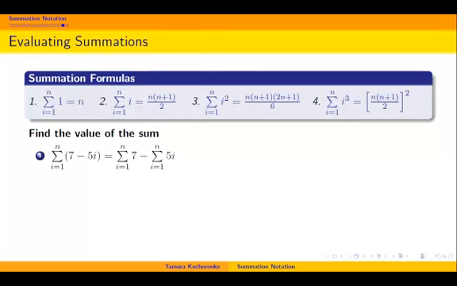Now we factor out constants 7 and 5 from the summations. We obtain 7 times the sum of 1 minus 5 times the sum of i from i equals 1 to n.